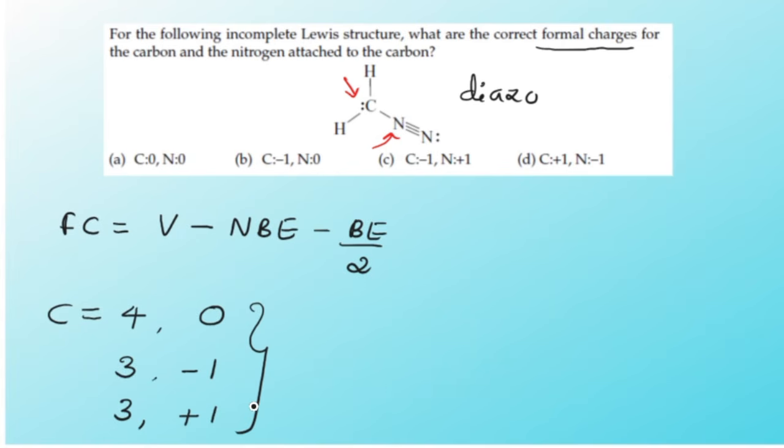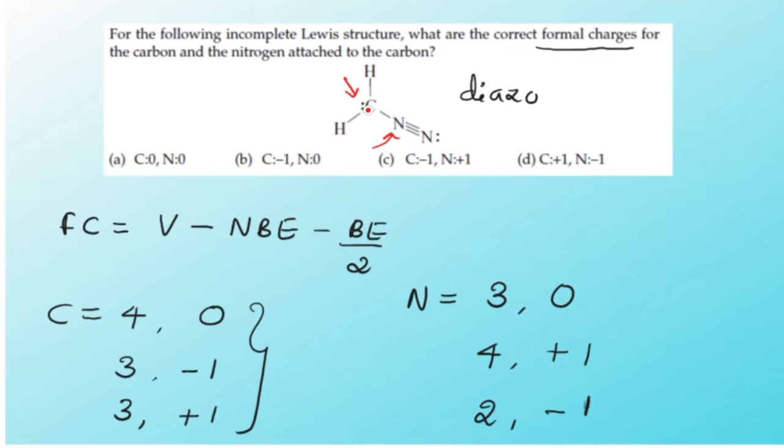Pretty easy to remember. Let's do it for nitrogen now. Nitrogen is trivalent, then the formal charge would be 0. If the nitrogen is tetravalent, so it cannot have a lone pair on it, then the formal charge will be +1. If the nitrogen is divalent, it will have 2 lone pairs. In that case, the formal charge will be -1.